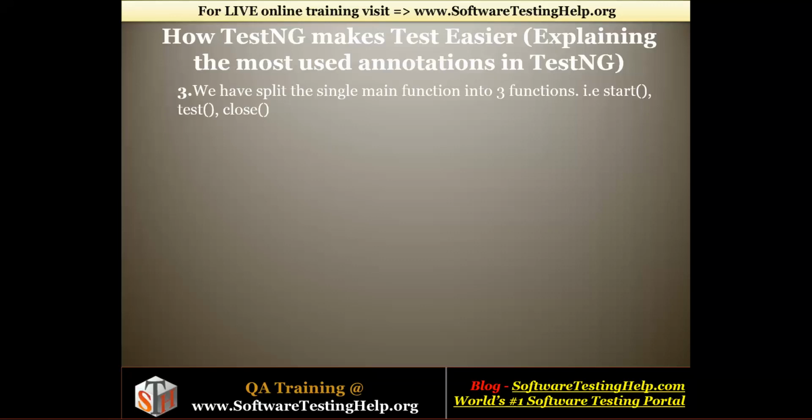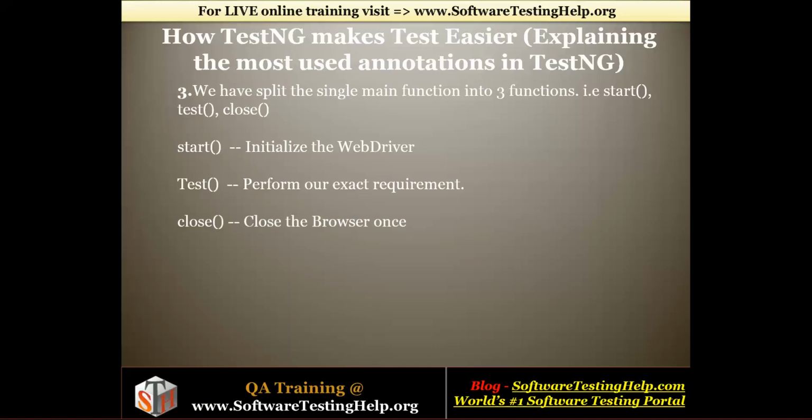But in TestNG, we have a starting point, we have the closing point, we have the testing point. Start is simply to initialize the WebDriver that we have seen in the before test. Test is to perform your exact requirement, that is the test case you want to perform. And close is simply to close the browser once the testing is done.